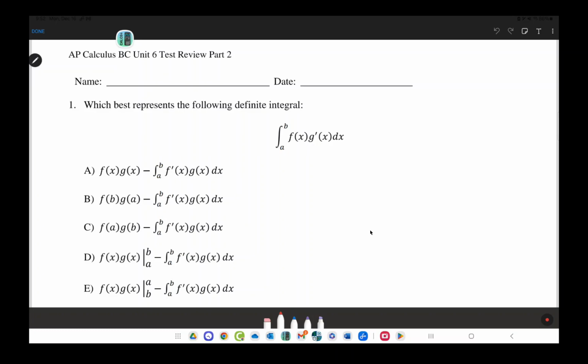Since this is integration by parts, what's the formula? Integral of uv prime dx is equal to uv minus integral of u prime v dx.